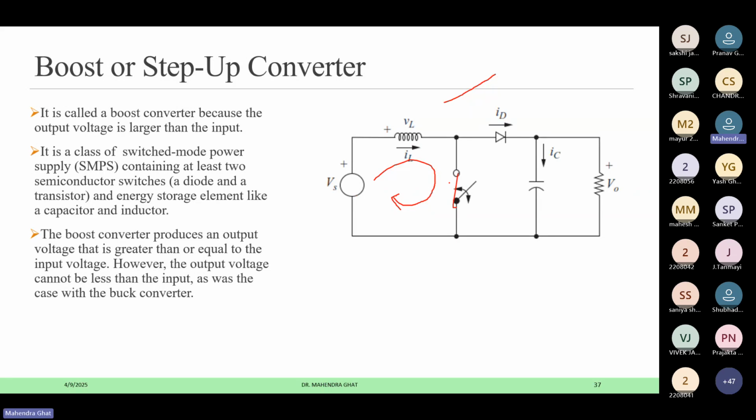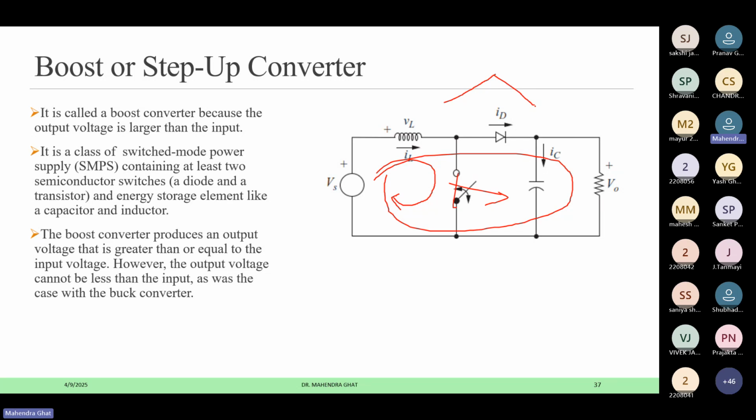Now when the switch is open, there is no path for the current to flow. So these voltages get applied across the diode, the diode comes into forward bias, and the current will flow in this direction. But these two voltages are applied across this resistor, and the resistor opposes the current flowing, so you will get a reduction in the current.